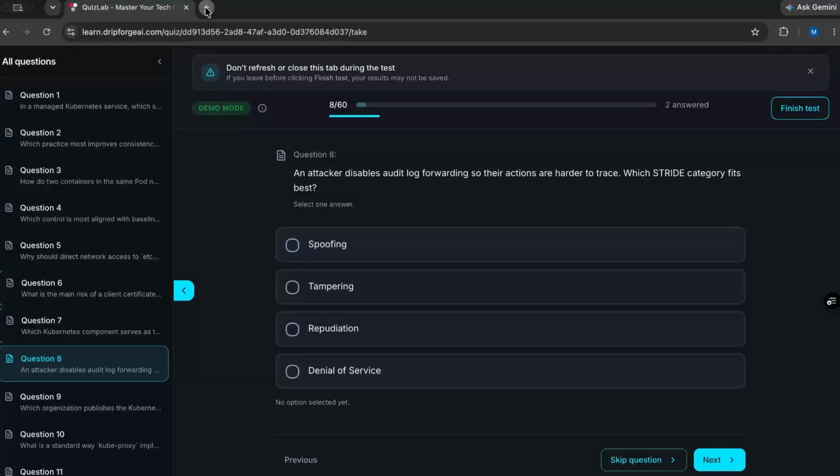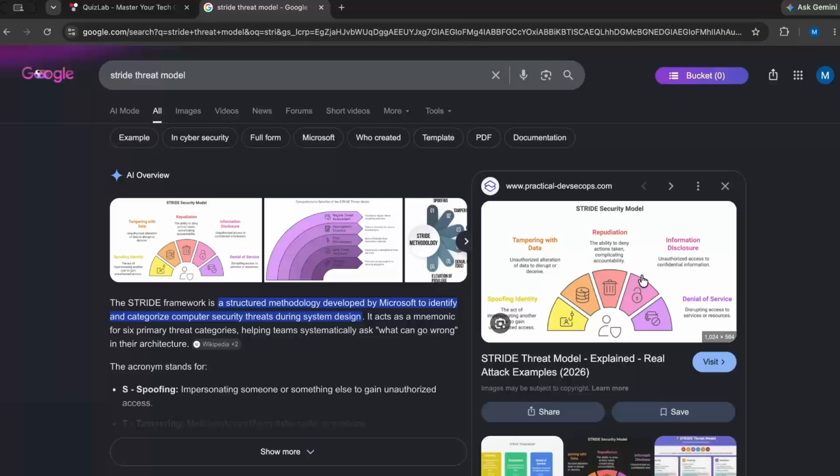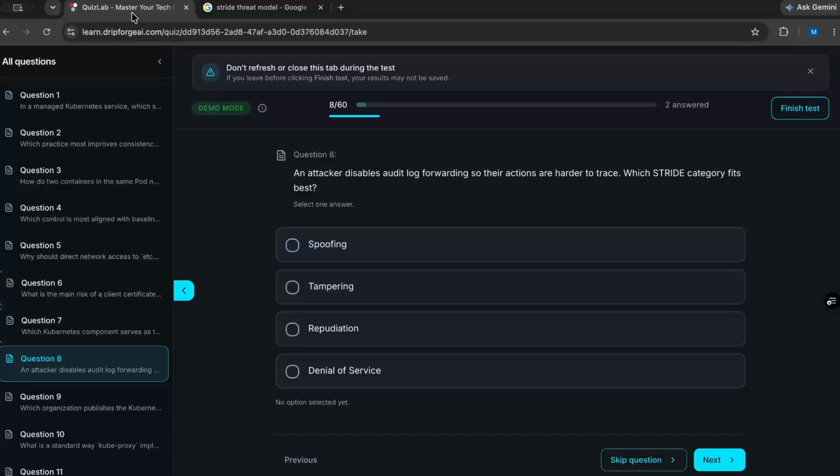Repudiation. So we'll go back to STRIDE again. STRIDE threat model: repudiation is the ability to deny action taken, complicating accountability. Now you understand complicating accountability, because when threat actors come, they try to hide their traces so that incident responders won't be able to find them.